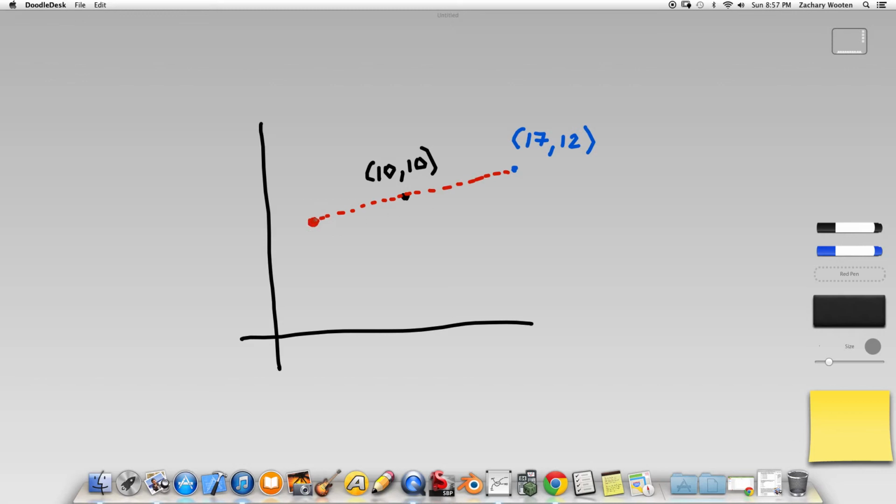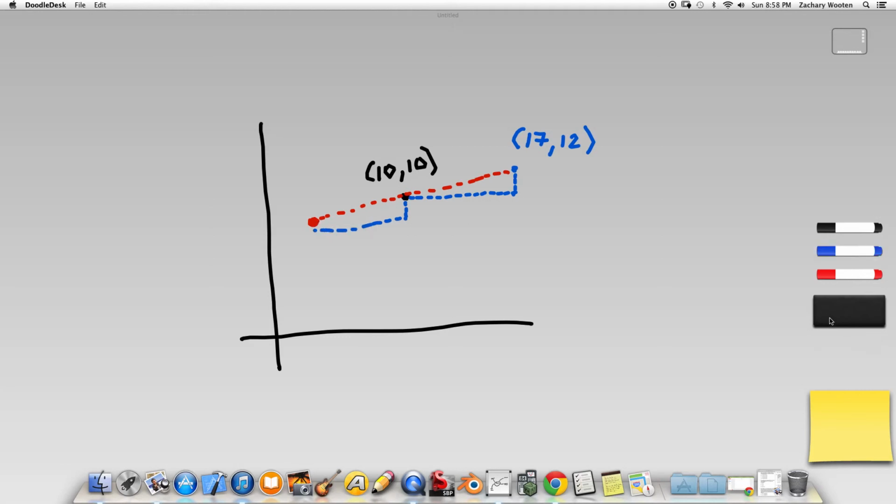I'm just going to make a sketch, and it looks like it would be somewhere over in here. Now, if they ever give you a midpoint and one endpoint, I'm going to show you a little trick right here. All you have to do is figure out how far away in the x and the y direction the midpoint is from one of the endpoints, and it will be the exact same over here.